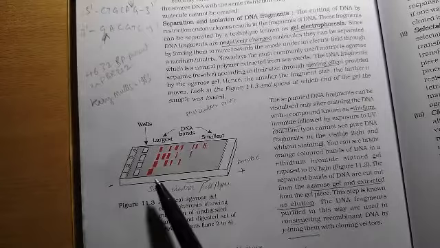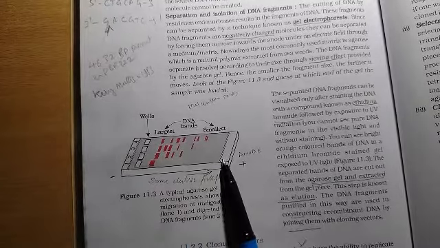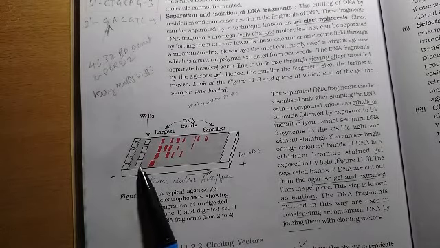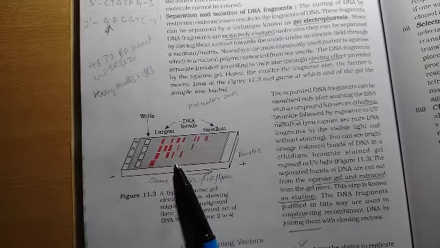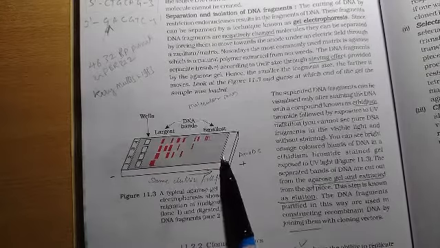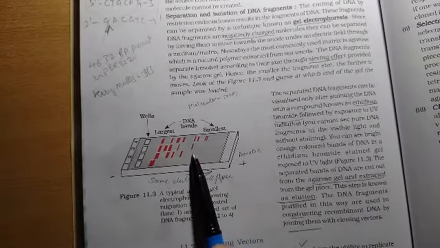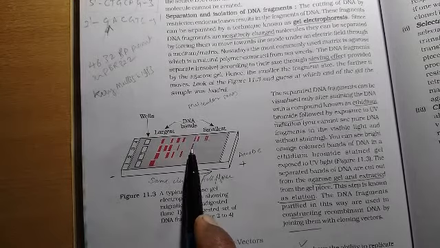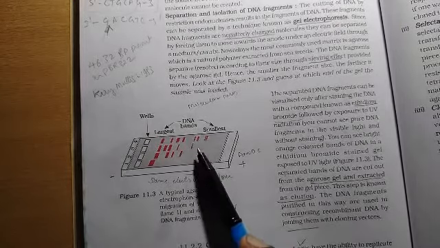Okay, so sometimes the marker DNA will be run in a separate well, so that we'll get the scale of molecular weight, say kilobase pairs or whatever we need. So at that particular region, you will get a definite molecular weight of DNA, and that we can cut and we can elute.